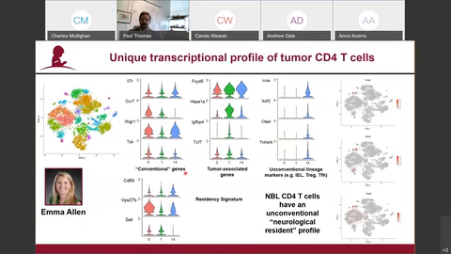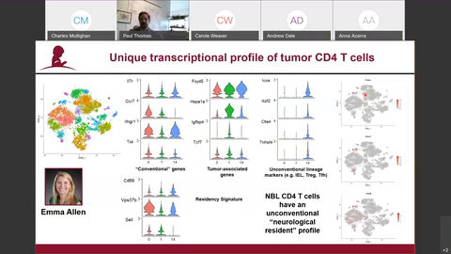Cluster 1 had upregulation of a number of genes, these top 3 genes, that are associated with a lot of bulk RNA-seq tumor profiles, a lot of metastatic tumor profiles, and even some neurological profiles. And then cluster 14 gets to this unconventional T cell population that I was talking about. That includes the Tregs, and there is some FOXP3, and that's here, but it's not all FOXP3 Treg cells.